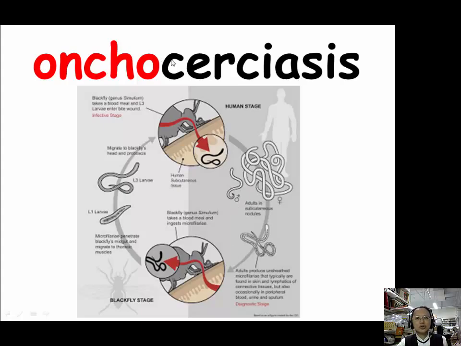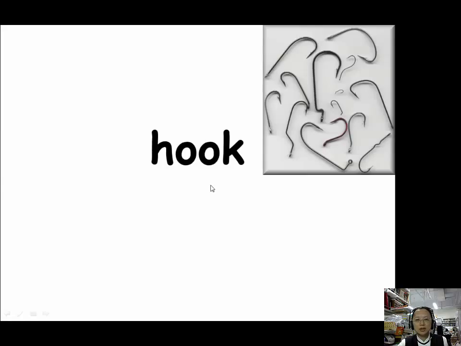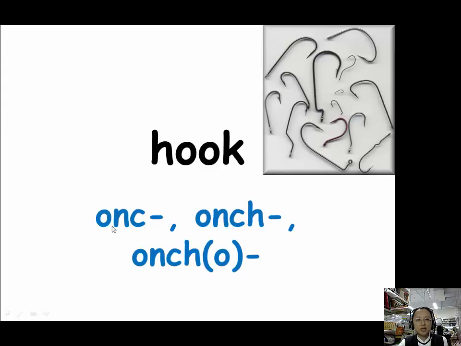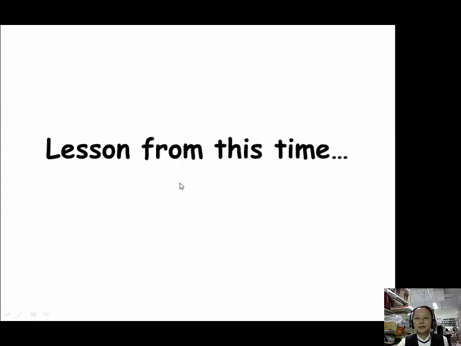One of the onchocerciasis, which is well known by people, is river blindness. Let's review what we've just done. For things that are shaped like a hook, we use the prefixes ONC, ONCH, and ONCHO.